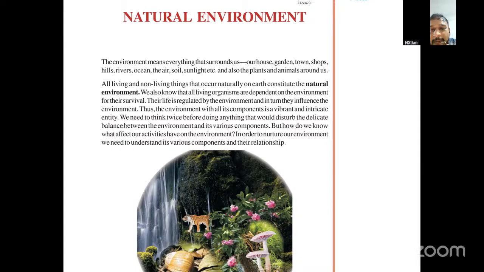Dishon, what are your views on that? Natural environment for me, when I say natural, it means nature. Not in the city, but outside, like in the country areas.